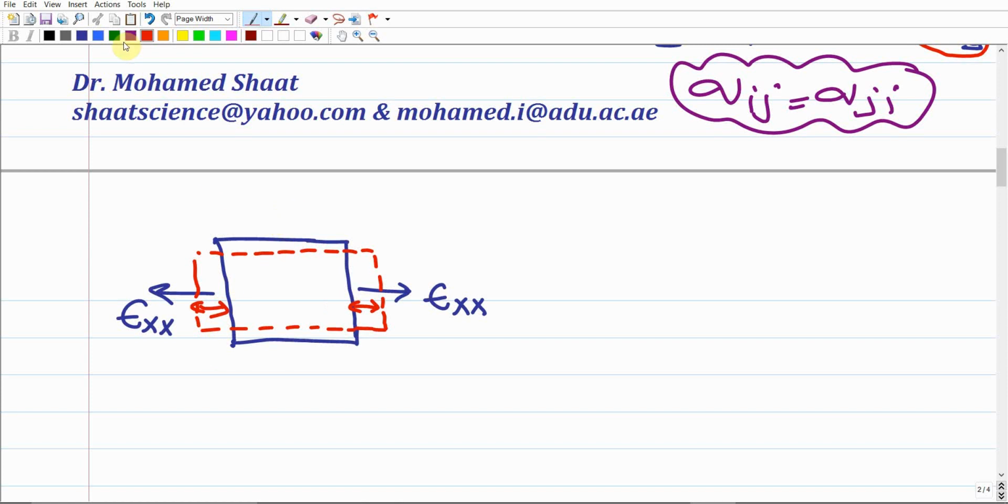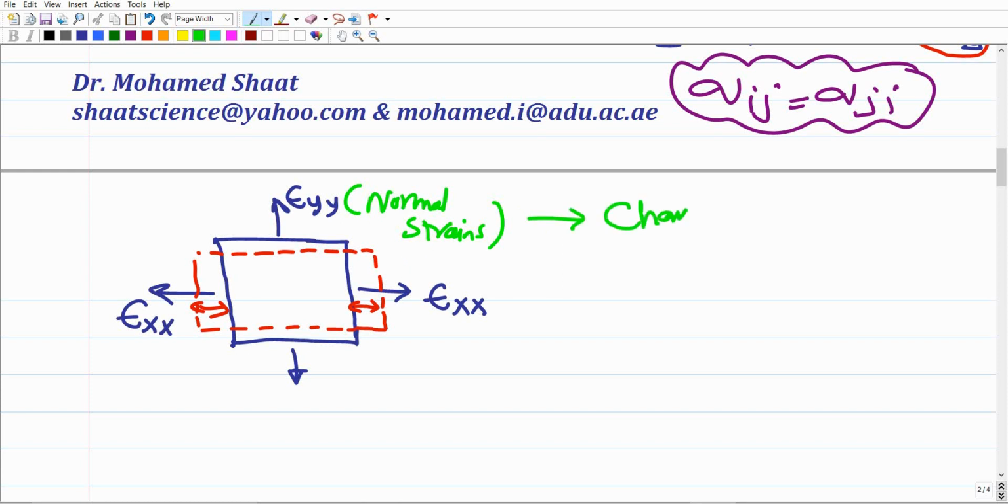The same thing applies for epsilon yy, which will do some stretch along the y direction, and so on. So epsilon xx, epsilon yy, and epsilon zz are normal strains, and these normal strains describe the change in dimensions only.